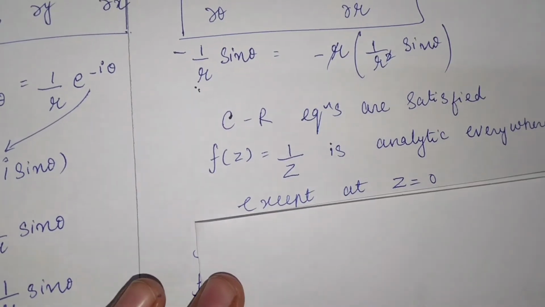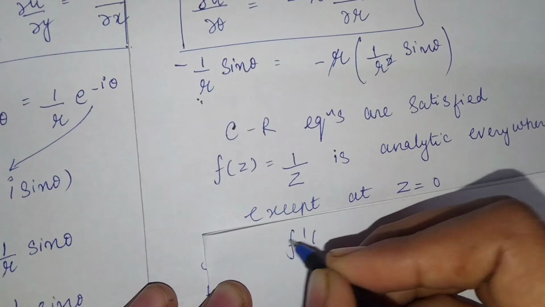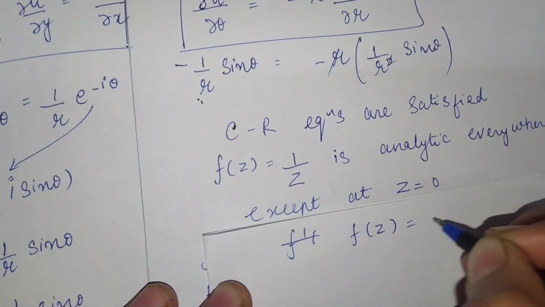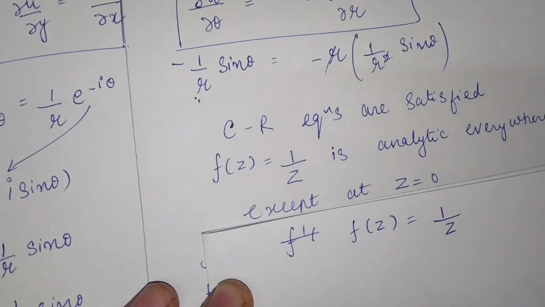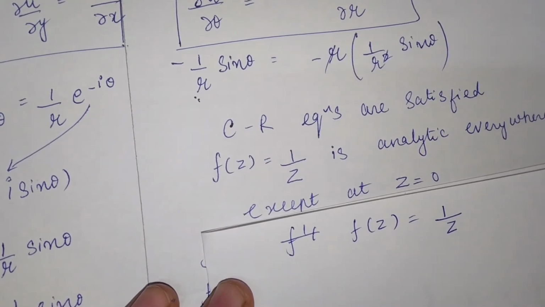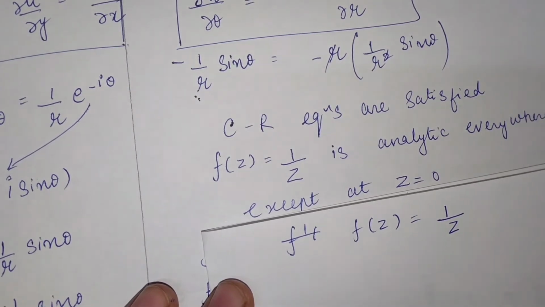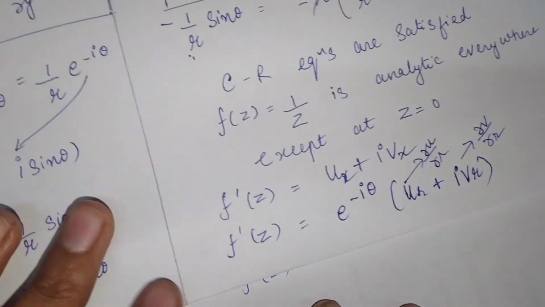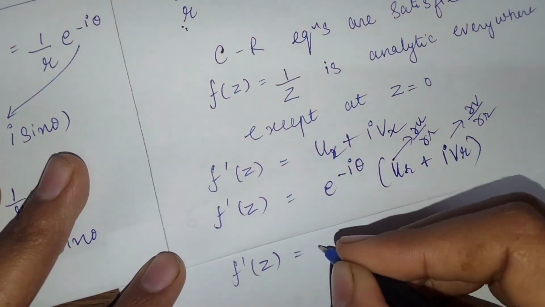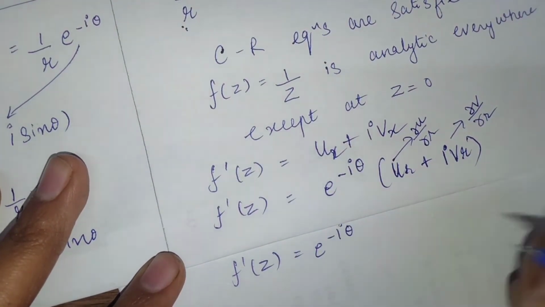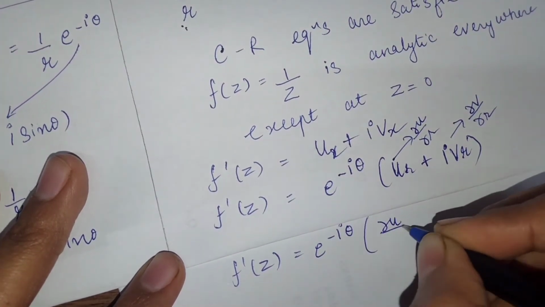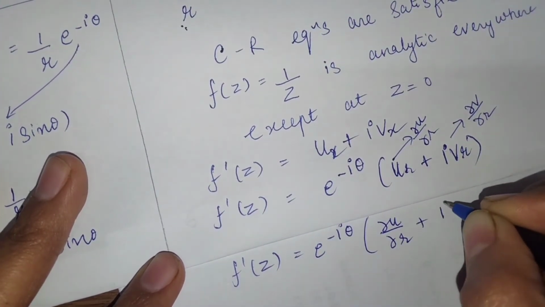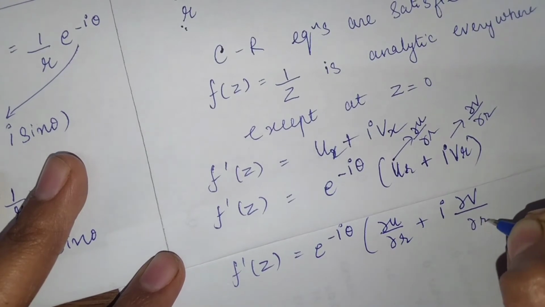Okay, so f of z is what? 1 by z, and we have to find f dash of z. So to find f dash z, we will use this formula of polar form, that is e raised to minus I theta into del u by del r plus I del v by del r.